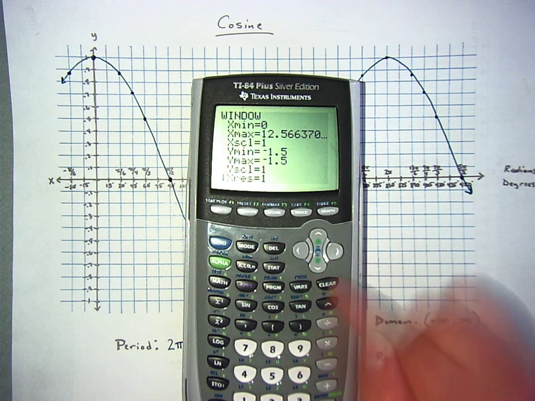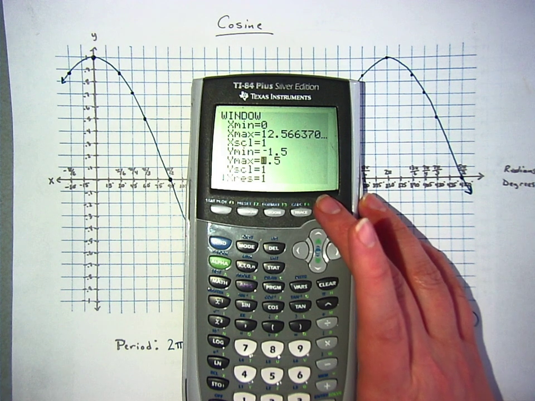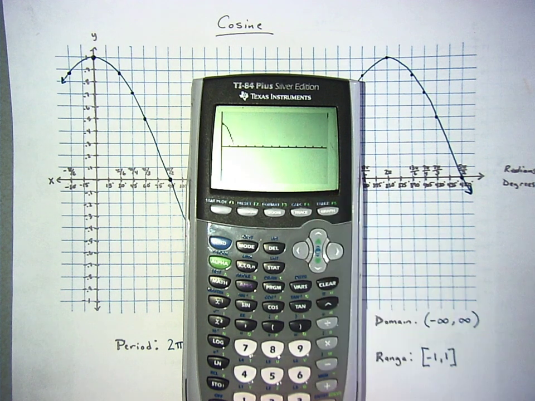And then positive 1.5 comes second. I asked it to show me 2 cycles. Your graph should look like this. Show your partner that it looks like that, and if it doesn't, call me over and I'll help you, or you can help each other.